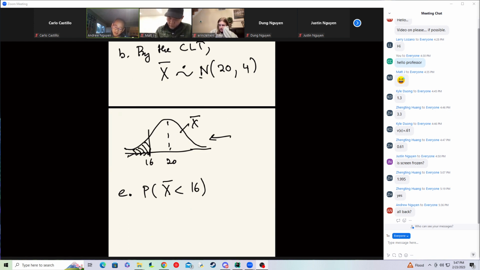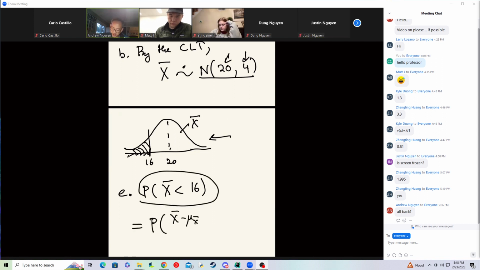X bar is very close to normal, but is X bar standard normal? No, this is not 0 and this is not 1, so it's not standard normal. So if I want to evaluate this, what do I have to do first? Standardize it, right? So X bar minus the mean of X bar, over the standard deviation of X bar, okay? Not sigma, it has to be sigma of X bar because I'm working with X bar, yeah?